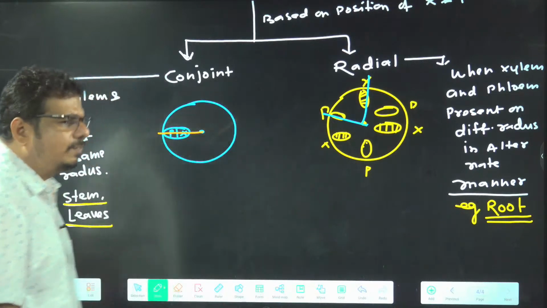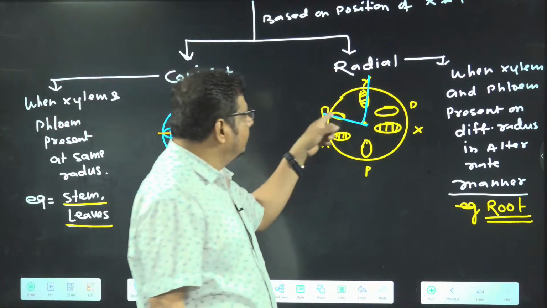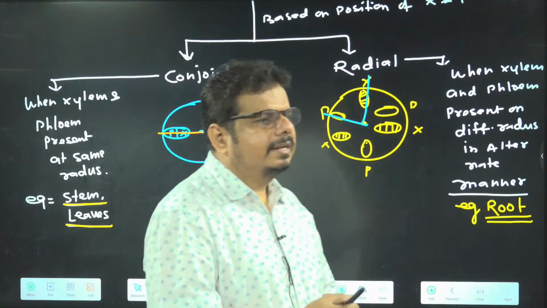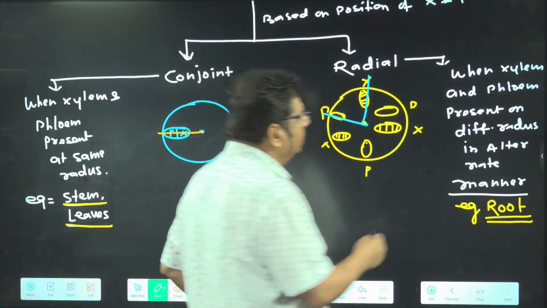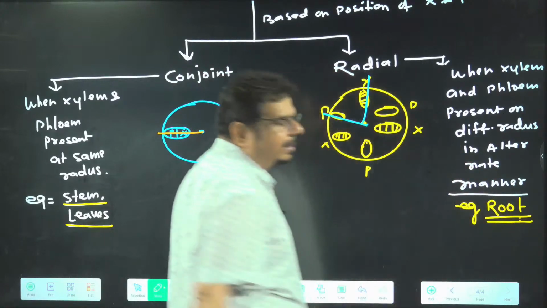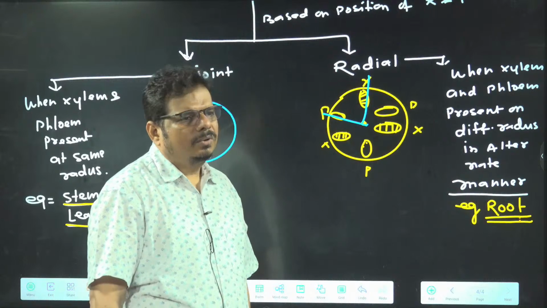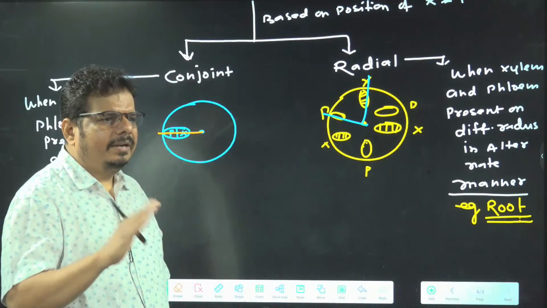You will find this type of vascular bundle in stem and leaf. And when xylem and phloem are present on different radii and alternately, such a vascular bundle is called a radial vascular bundle, and we find that in root. You got the idea about conjoint and radial. Conjoint in stem and leaf, radial in root.